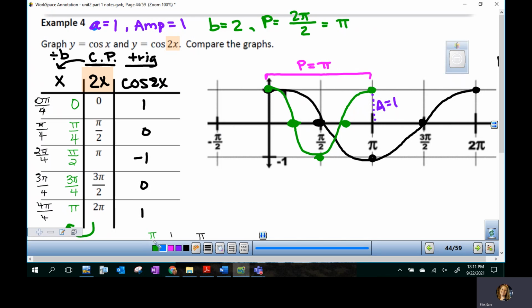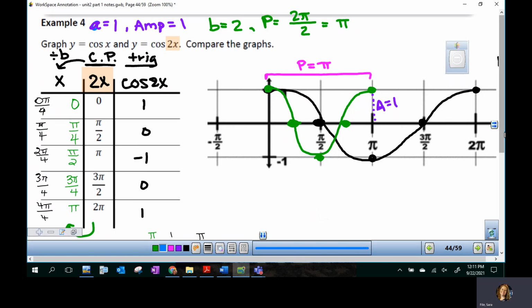Now, I want you to be able to describe your transformation. Yesterday, when we were working with the A value being something other than 1, that was vertically stretching and compressing our graph. Okay, now we're looking at a B value other than 1. What happened to this black graph to make it this green one?